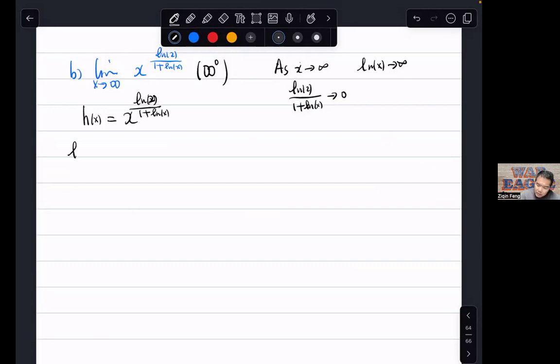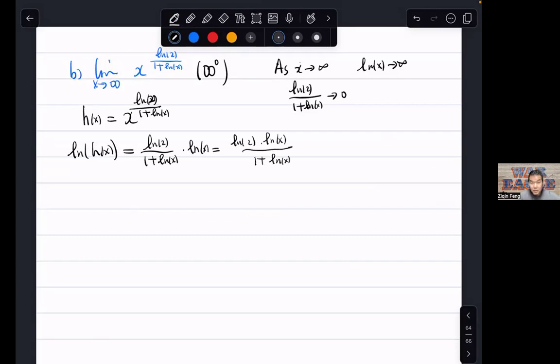So take a natural log of h of x. We don't have a natural quotient, so just do that. So this is natural log of 2, bringing down the exponent, times natural log of x, right? So this is natural log of 2 times natural log of x over 1 plus natural log of x.